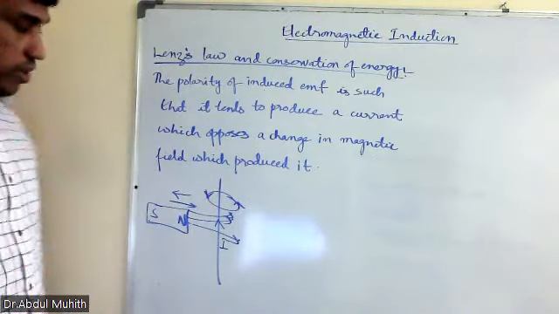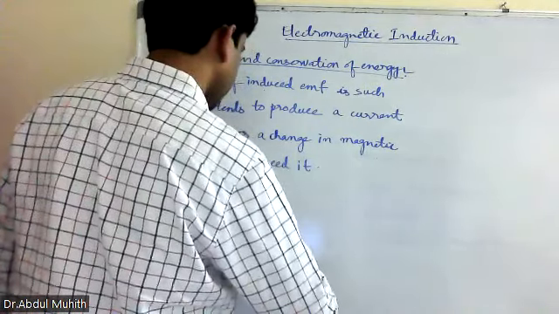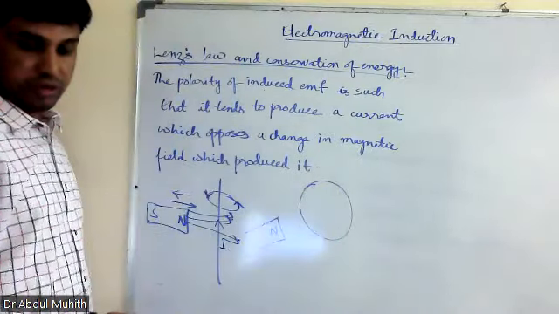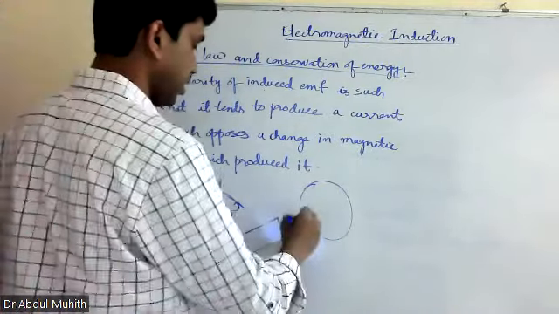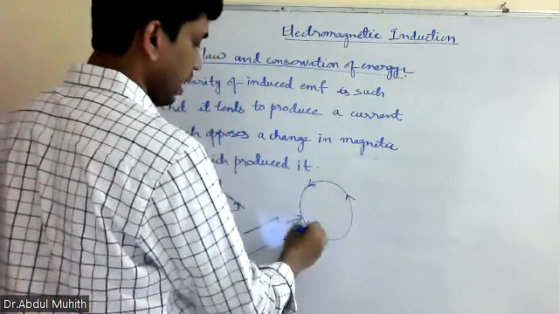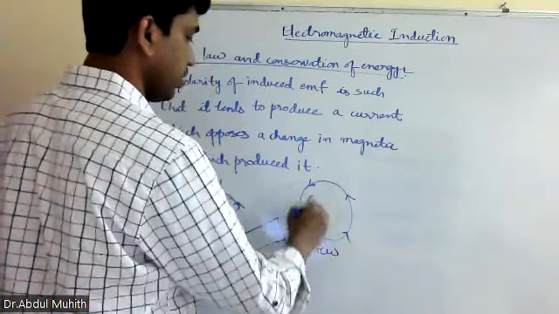Clear? So now what will happen? Suppose this is the north pole and there is a coil here. What happens when the magnet is made to move? Current will start moving in the anti-clockwise direction. This is ACW, anti-clockwise, and we get a north pole.